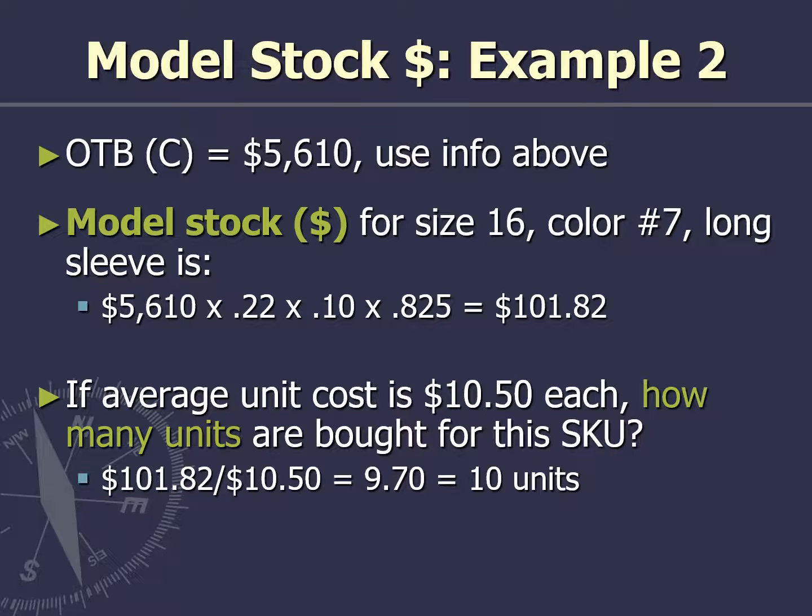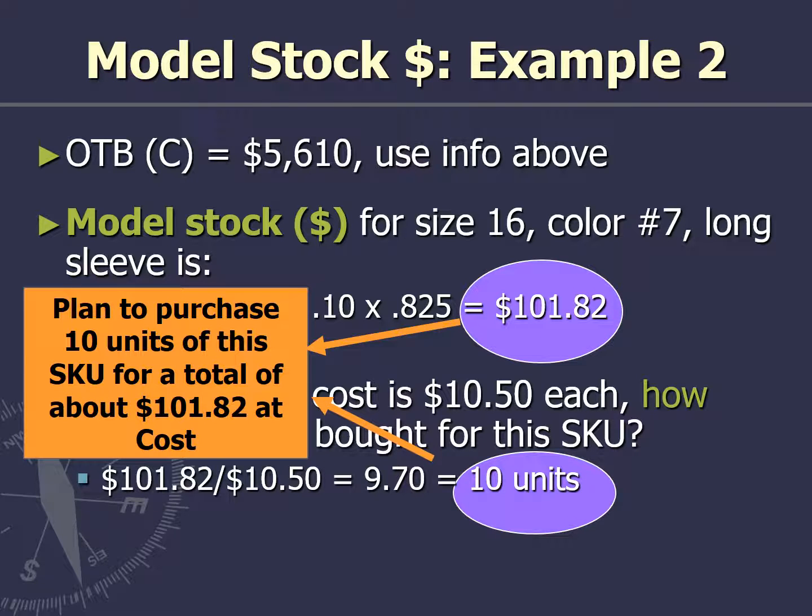If you divide that by $10.50, the average unit cost, that gives us 9.7 units. So for this SKU, we can spend a total of $101.82, which is about 10 units, or 9.7 units.